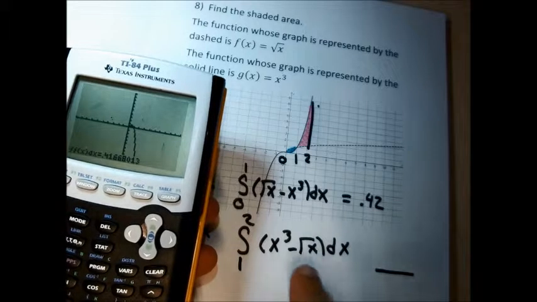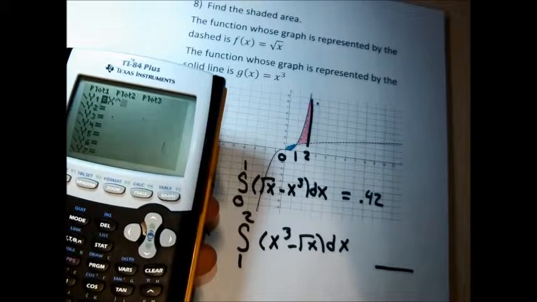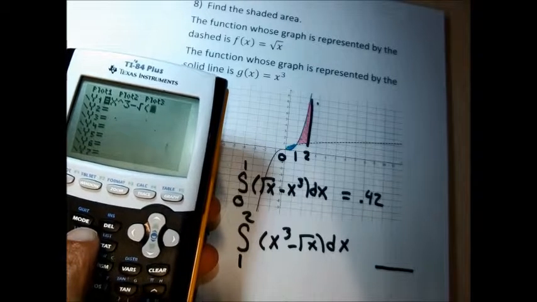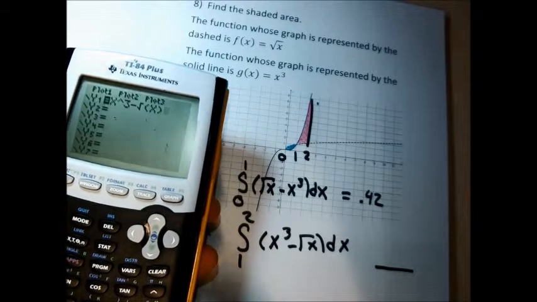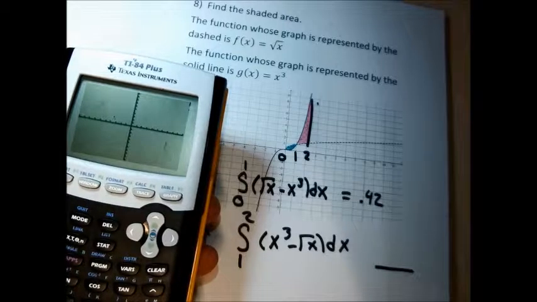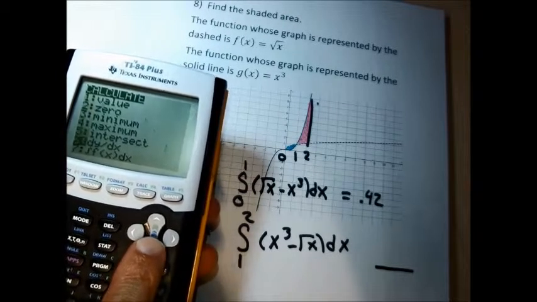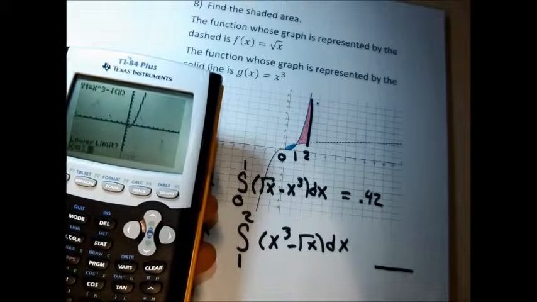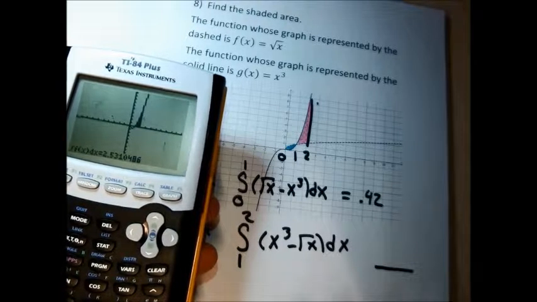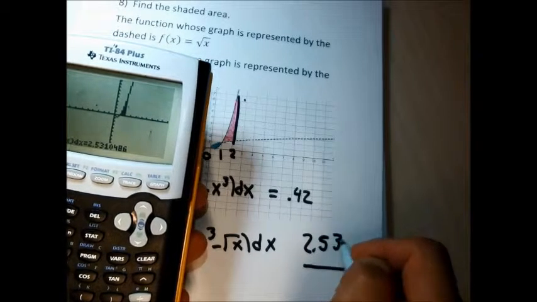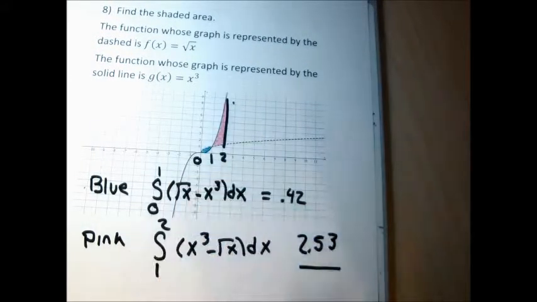And then for the second area, I have x cubed minus second square root of x, graph it, and then second integrate from 1 to 2. You get 2.53. The total shaded area is the sum of those two.